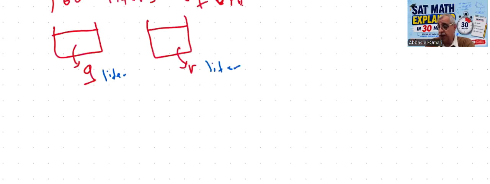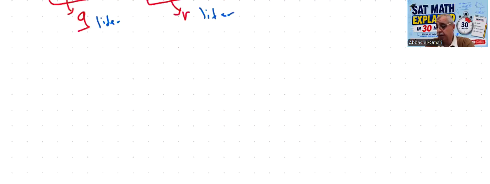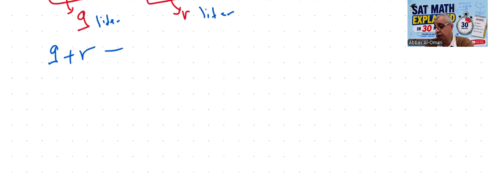This is the first equation, Q plus R equals 160, which is the amount of the oil he has. So this is equation 1.